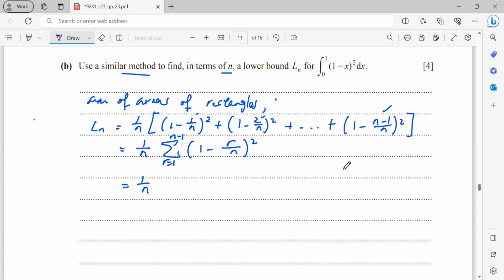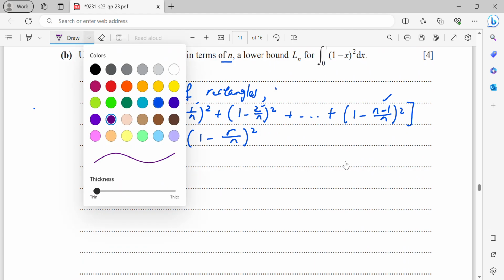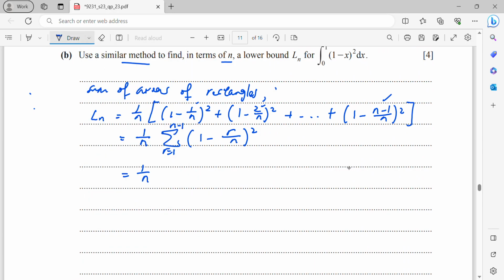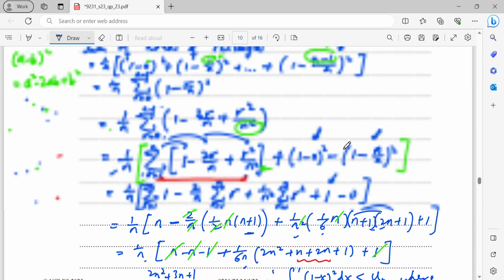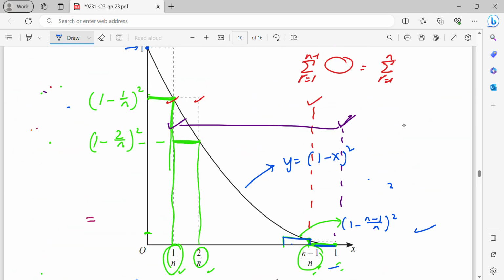So it is the same as summation r from 1 to n of 1 minus r over n squared. When you consider until n, you have to add one more, as I mentioned just now.